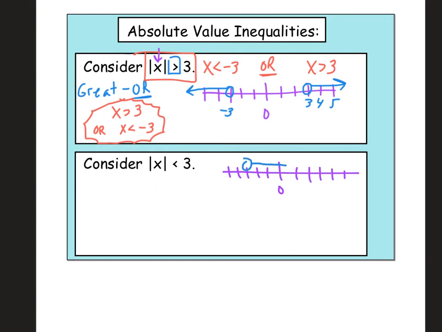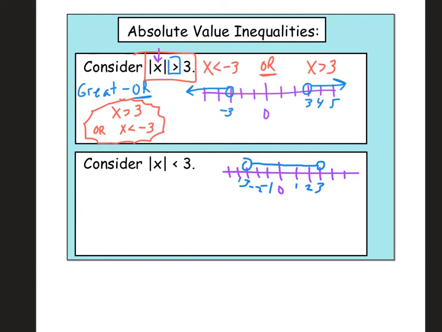It's all those numbers, right? For example, the number 1 or 2. Negative 1, negative 2, negative 3. Negative 3 again doesn't work. Negative 3 is like a borderline. But negative 1 works, negative 2 works. All of those numbers have an absolute value less than 3.